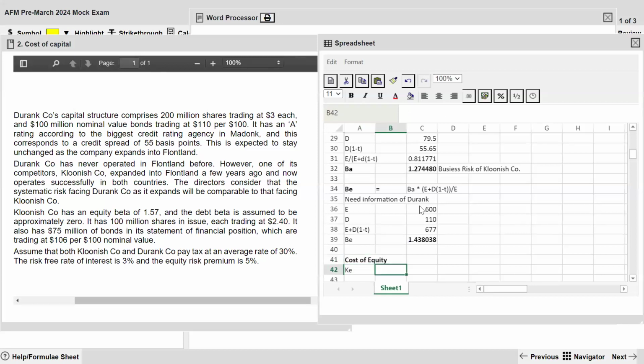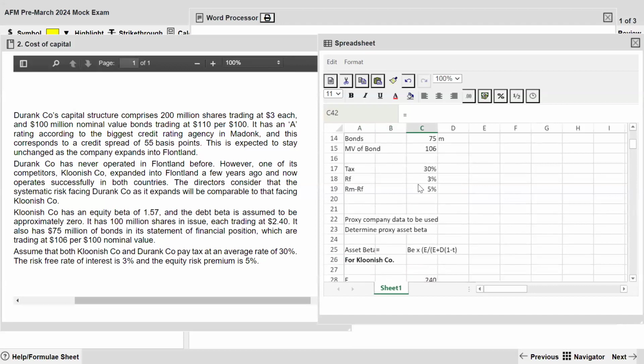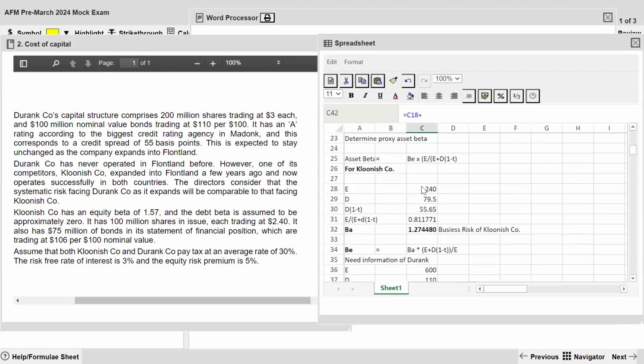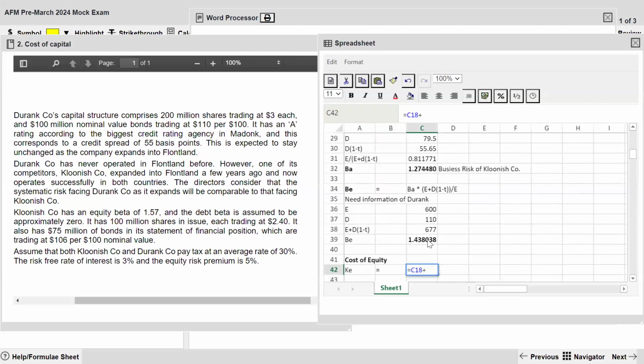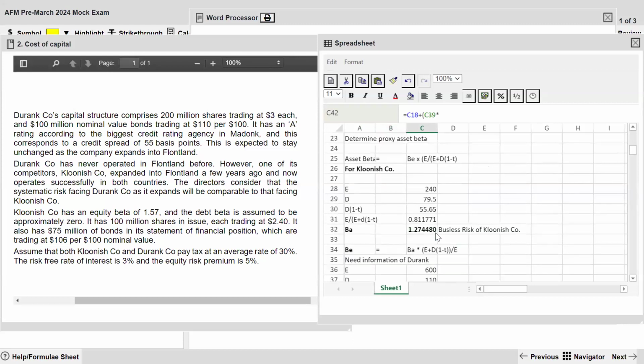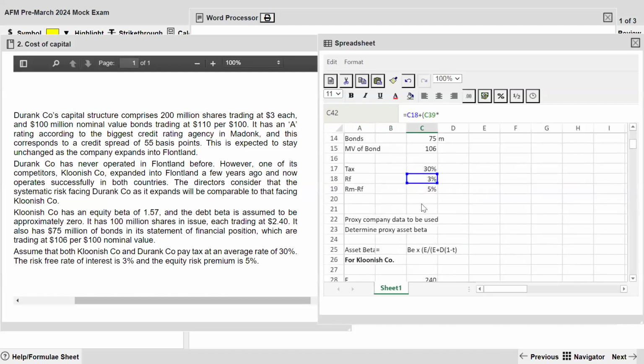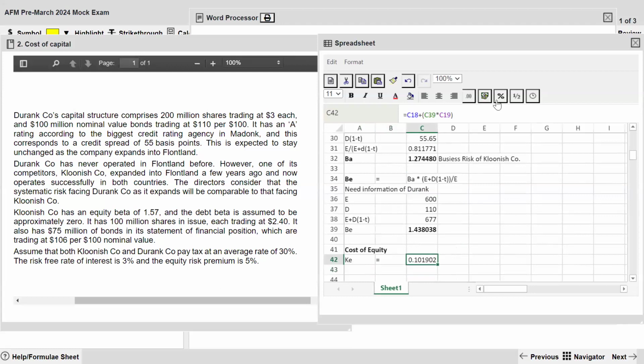KE is equivalent to the risk-free rate of return plus equity beta multiplied by RM minus RF. So you have got 10.19%.